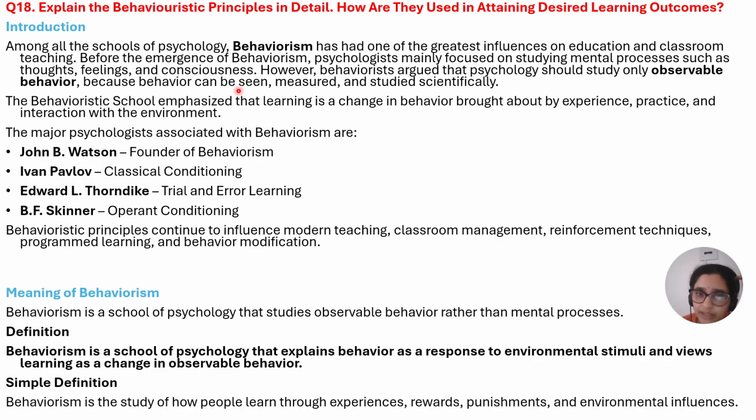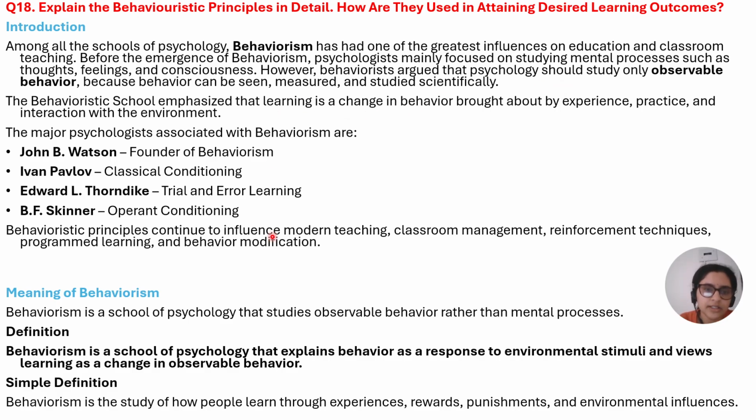However, behaviorists argued that psychology should only study whatever behavior we observe outside. Okay, because whatever we see, we can measure it and study scientifically. So these behaviorists believe that seeing is believing. Whatever we see, we have to believe.